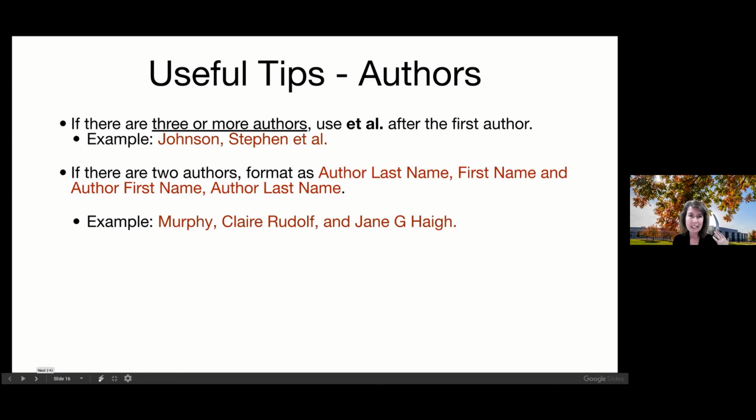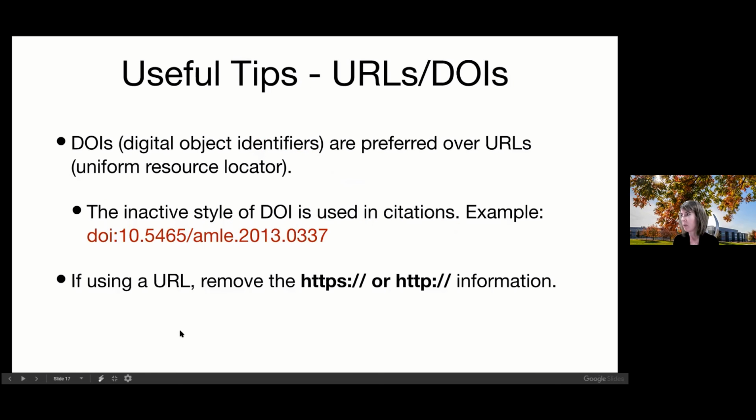So there's a lot to keep in mind, and this is where referencing an MLA quick guide or something can be helpful. We've also mentioned that DOIs are preferred over URLs, and they use this inactive style, which is DOI lowercase colon and then the number. And we've already mentioned if you use the URL to remove this information.